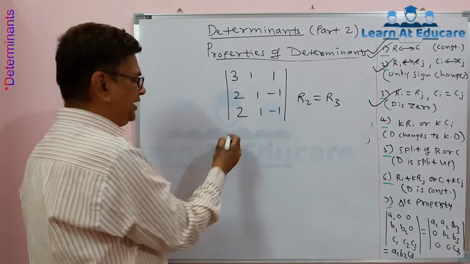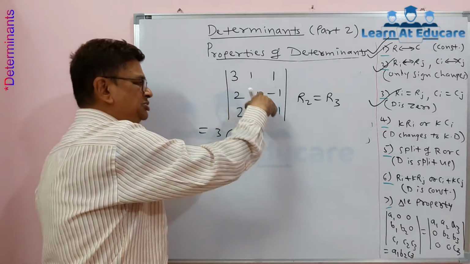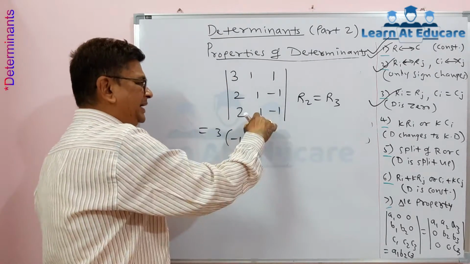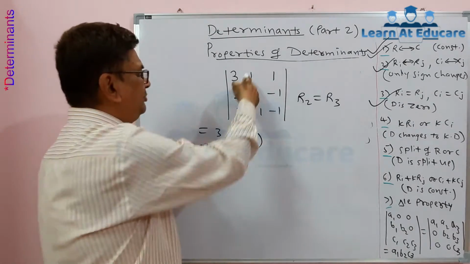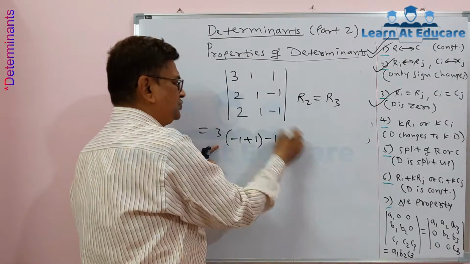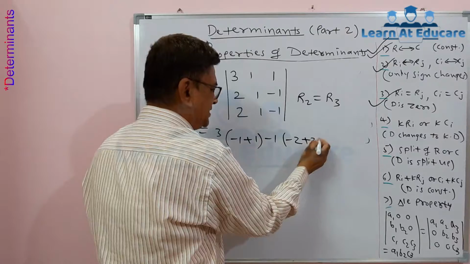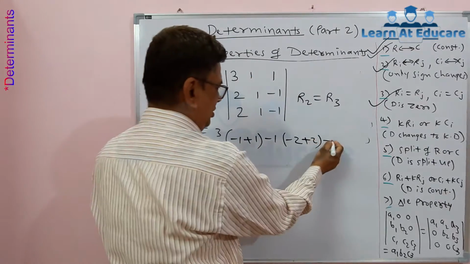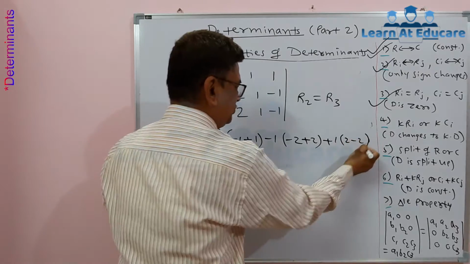Now if you try to find the value of this determinant, you know how to find, that is 3 into bracket this product minus 1 minus this product minus 1, minus minus, then it will be plus. Then for the second we are taking minus 1, you know, then this product 2 into minus 2 minus 2 into minus 1, that is minus minus plus 2, and last plus 1 into this 2 into 1, 2, minus 2 into 1, 2.